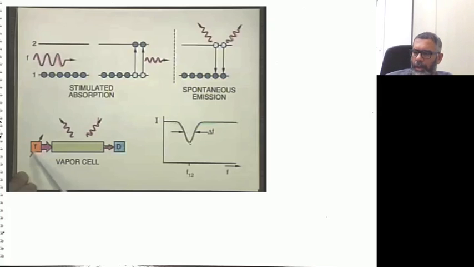But as soon as you come towards this frequency that is equal to the energy difference, you will see that some portion of the intensity will drop, because it will be absorbed by the atoms in the vapor cell, and they will again re-radiate these photons in any direction. That means you have a spontaneous emission.